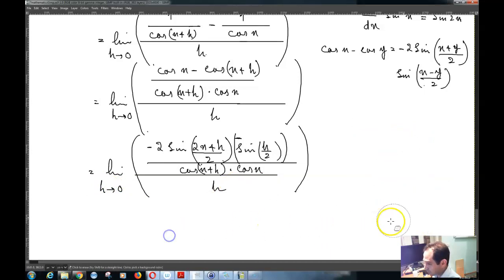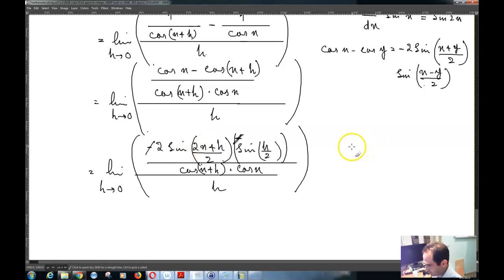And so what that means is that now your goal is to somehow get rid of this h over here. If you multiply this negative sign with this negative sign, these two will cancel out.